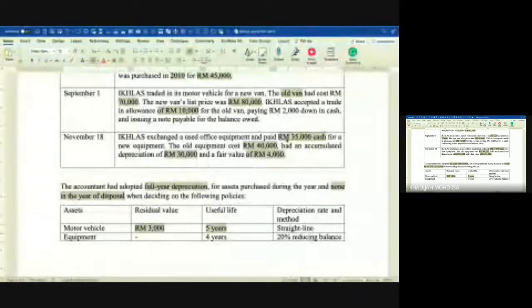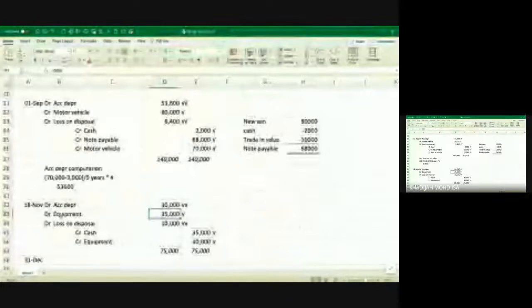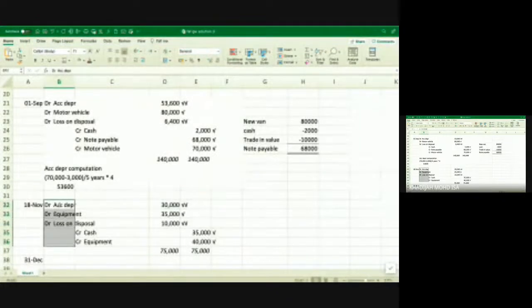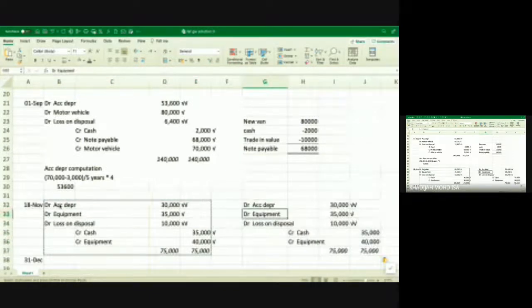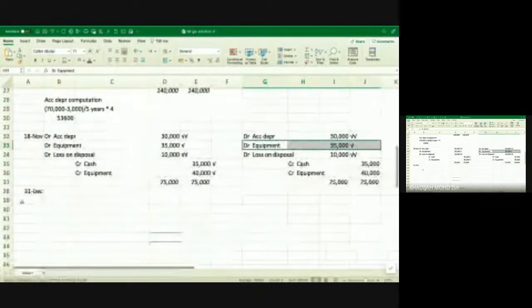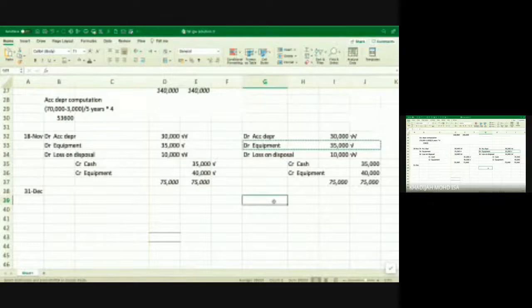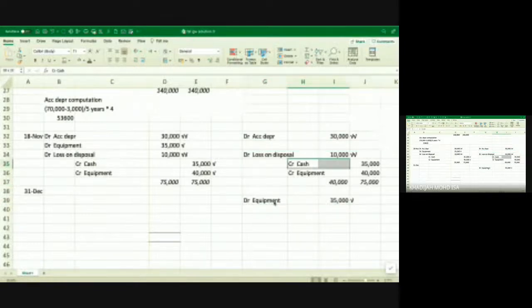That's why I'm trying to show you. If I were to record this, I will record the new equipment, I will put it new, right? And then I pay that for, I will put it like that, you see?